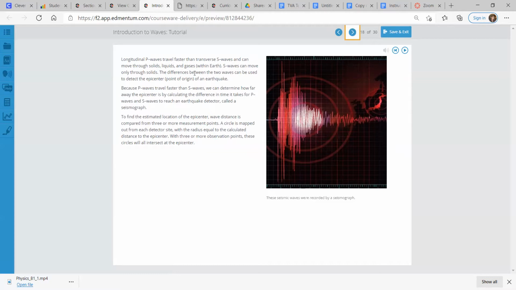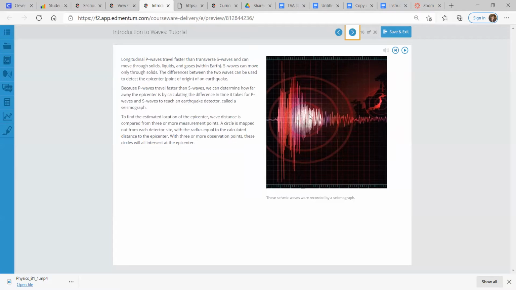The difference between the 2 waves can be used to detect the epicenter, and that is the point of origin of an earthquake. Because P waves travel faster than S waves, we can determine how far away the epicenter is by calculating the difference in time it takes for P waves and S waves to reach an earthquake detector. And that detector is called a seismograph.